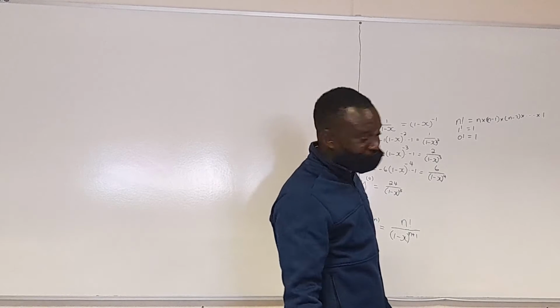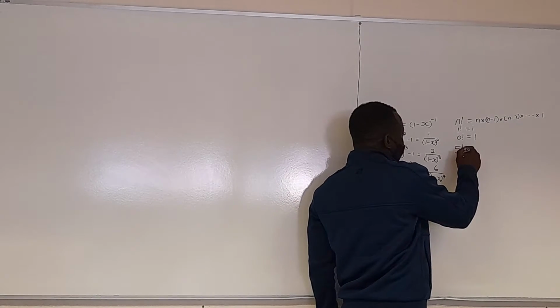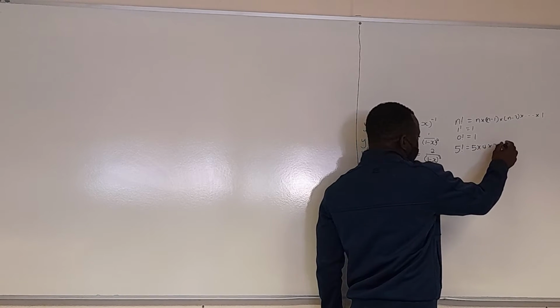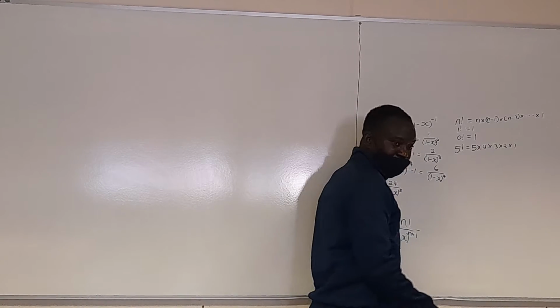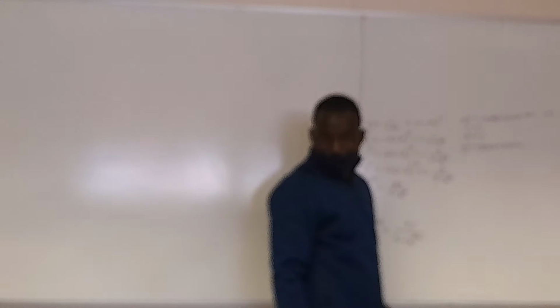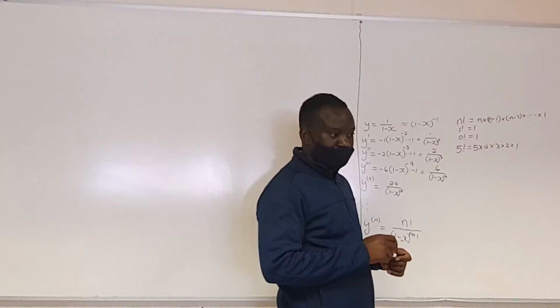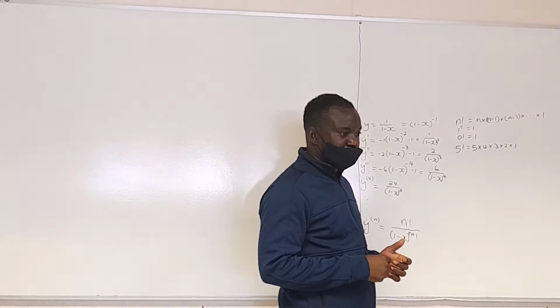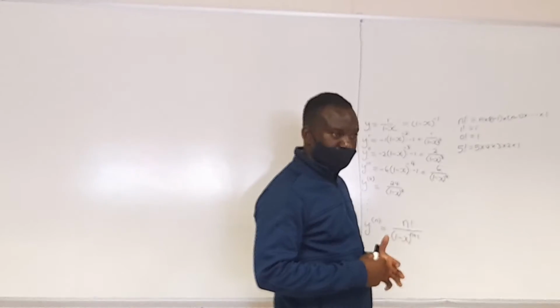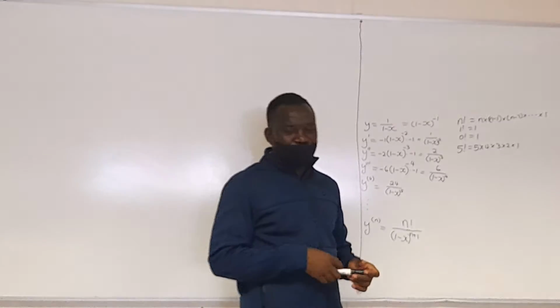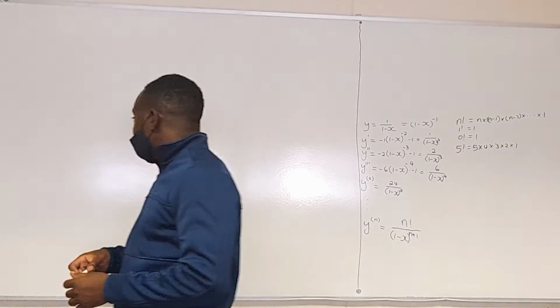So 5 factorial is the same as 5 times 4 times 3 times 2. That is factorial. We have done it when we were doing binomial. So 5 factorial, I'm sure it's 120.